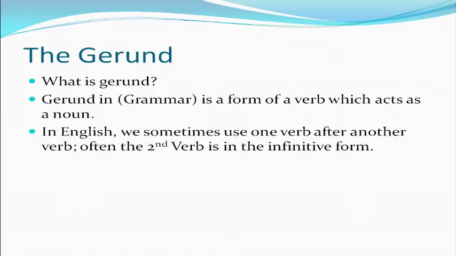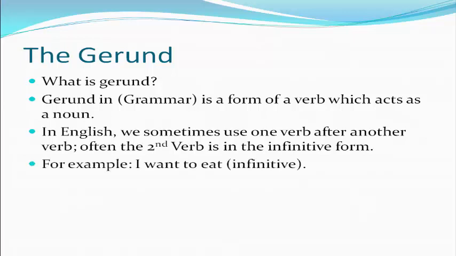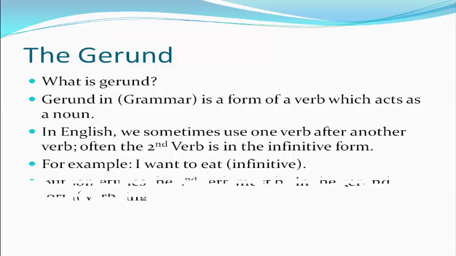In English, we sometimes use one verb after another verb. Often the second verb is in the infinitive form. For example, I want to eat. So the verb to eat is conjugated in the infinitive form.